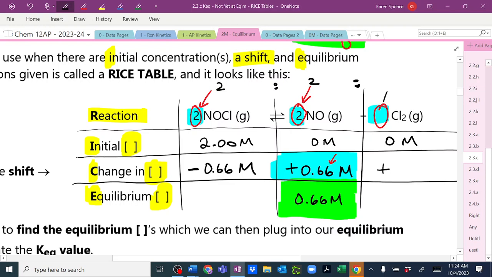Now, chlorine has a coefficient of 1, so how much is it going to go up by?